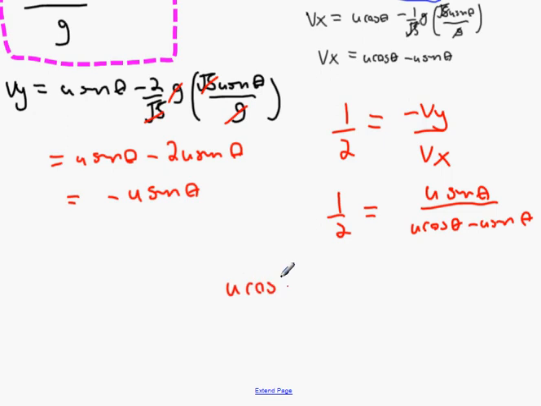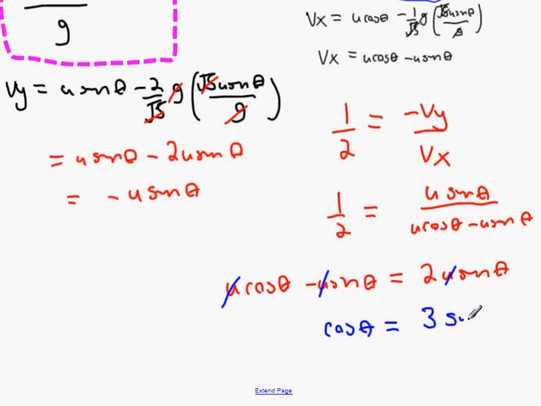U cos theta minus u sine theta equals 2u sine theta. What happens next is the u's will cancel. Cos theta ends up to be 3 sine theta.